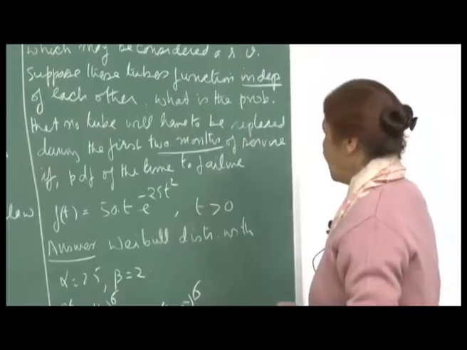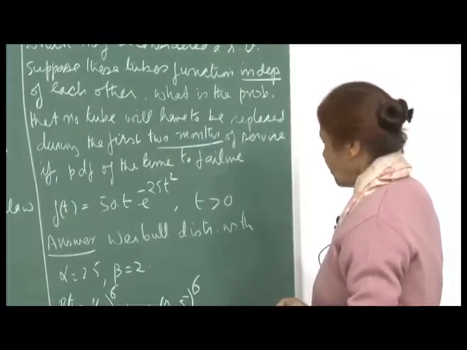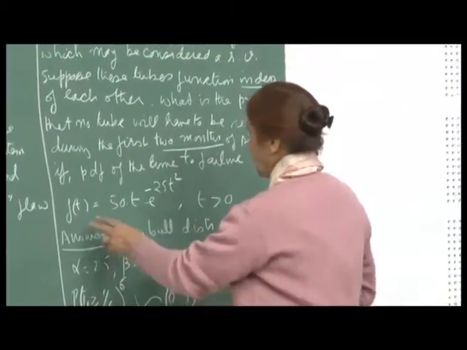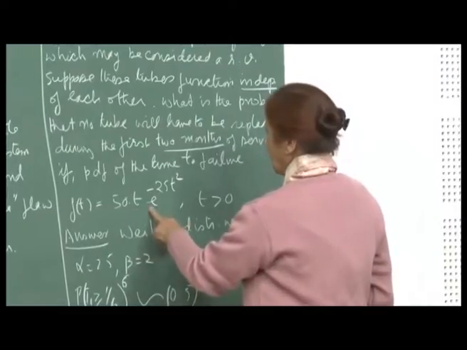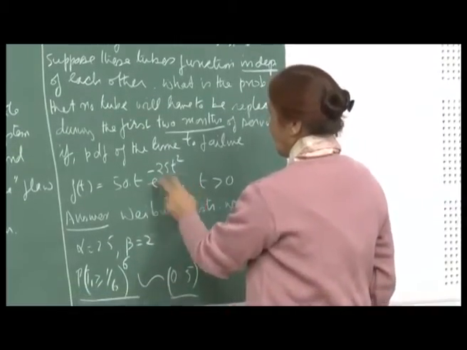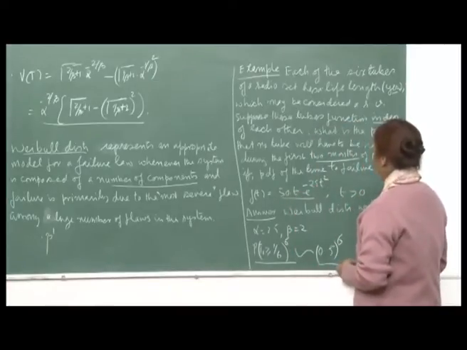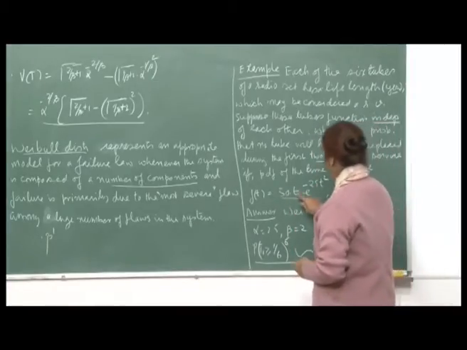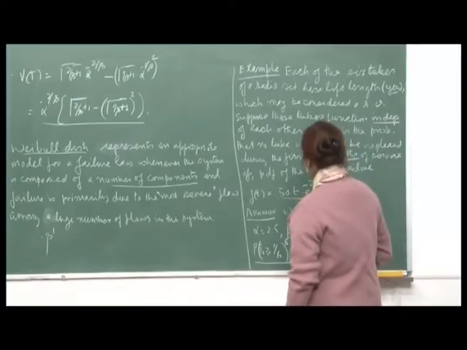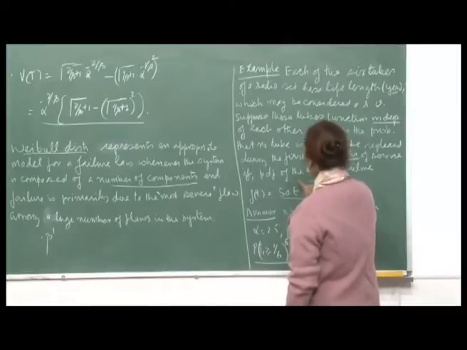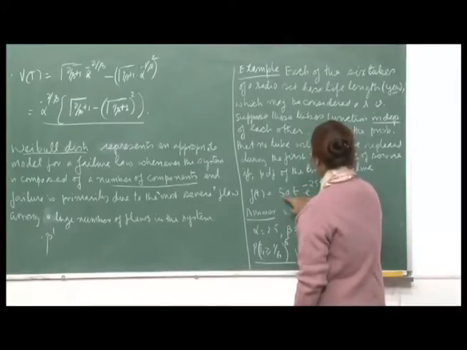Now, the PDF of the time to failure is given by 50 t e raised to minus 25 t square. Immediately you can recognize that this is a Weibull distribution, and since t has power 1, beta is 2, because it is t raised to beta minus 1. And from here alpha is 25.